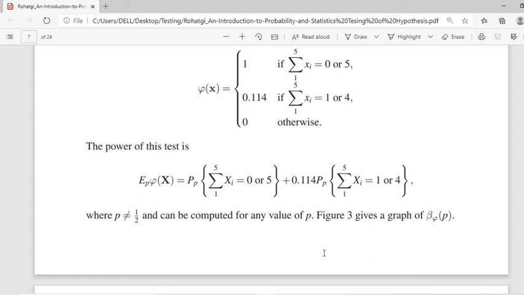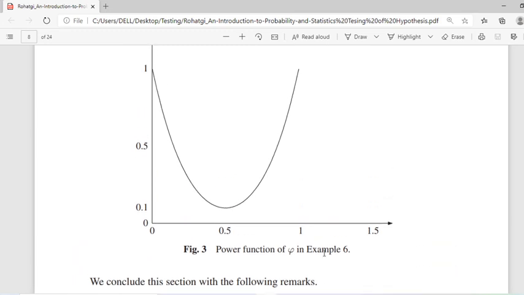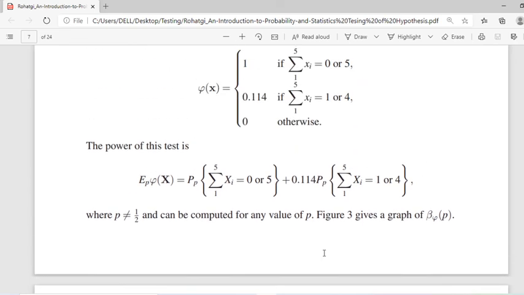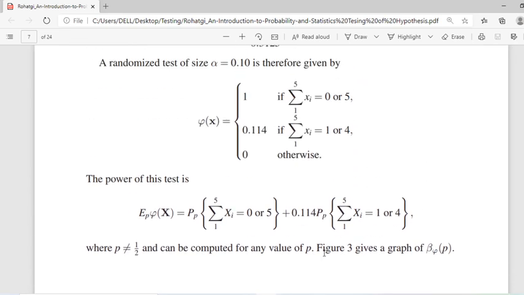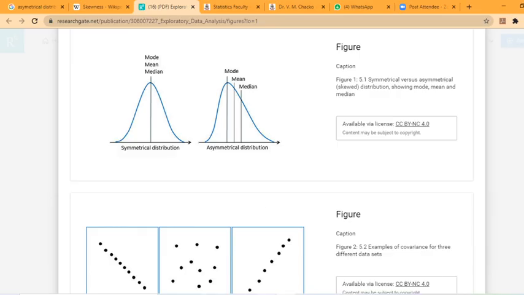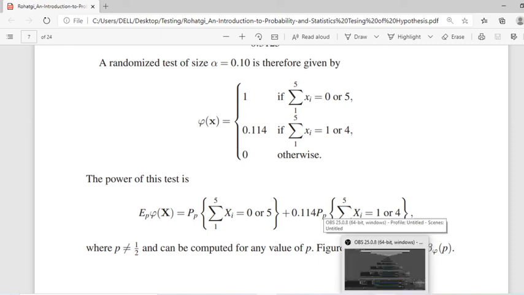You should draw this figure and write down all these things, this problem, including the work I have given in the Word format. If you have any doubt, you can ask me, no problem. This is a lengthy discussion and you have to try to understand it.